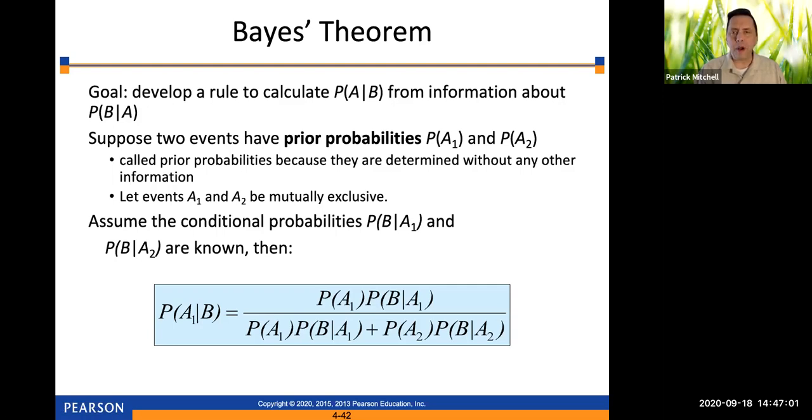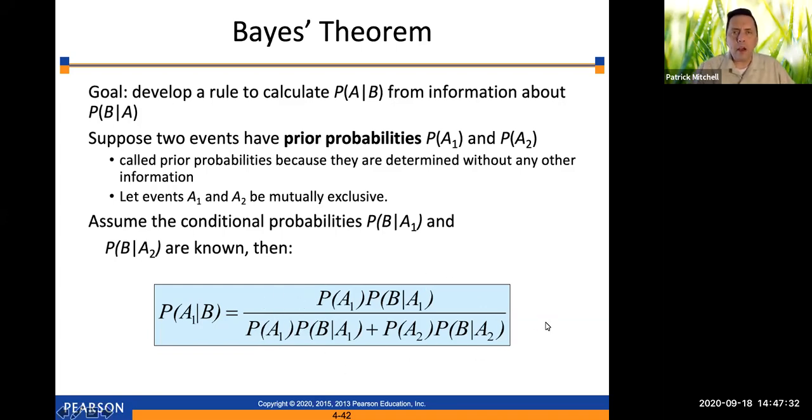Again, these are called prior probabilities because they are determined without any other information. And suppose that A1 and A2 are mutually exclusive. If the conditional probabilities, probability of B given A1 and probability of B given A2 are known, then we can find the probability of A1 given B by using this sort of scary looking formula.